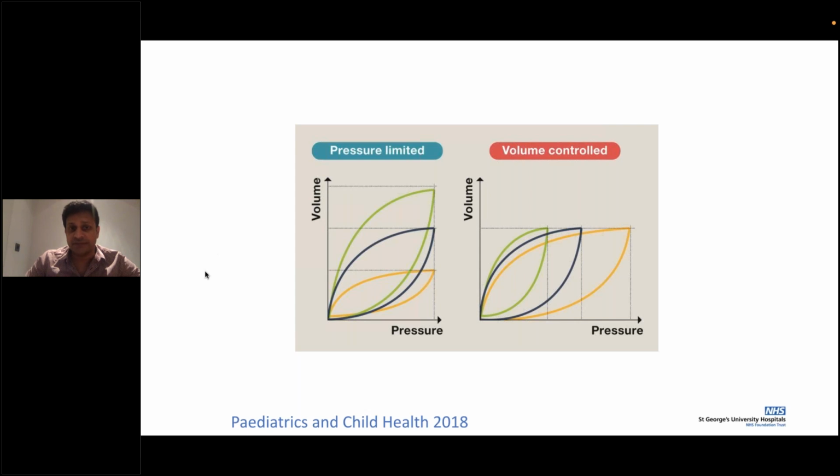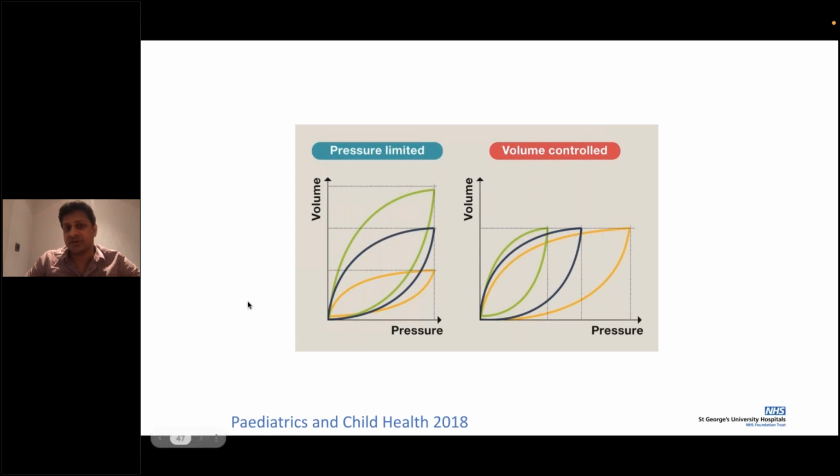So in pressure control ventilation, the reliance on blood gas and active weaning is significant. And in volume control, there is this automatic auto weaning that happens. That means with improved compliance, the pressure needed to reach the targeted tidal volume improves with time, and that's why there is auto weaning.